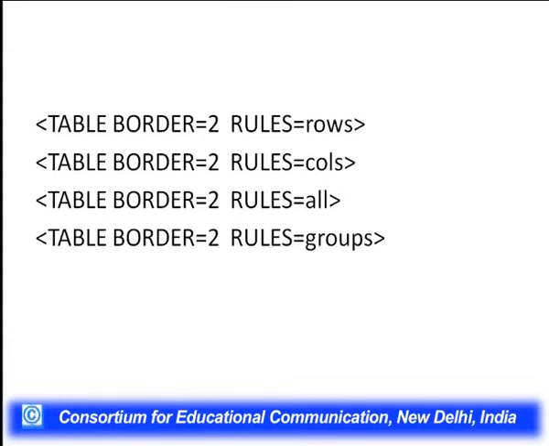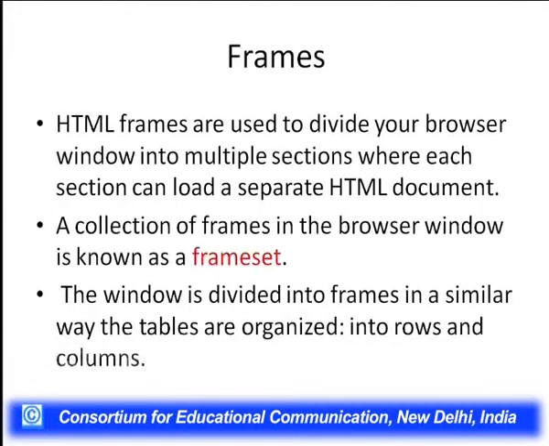You write rules is equal to cols if you want the grid lines for the columns to appear, rules is equal to all if you want all the grid lines to appear, and table border is equal to 2, rules is equal to groups if you want the lines for only the groups to appear. So this is going to create a different experience of lines. You can design various elements on the website using this kind of feature of table rules.